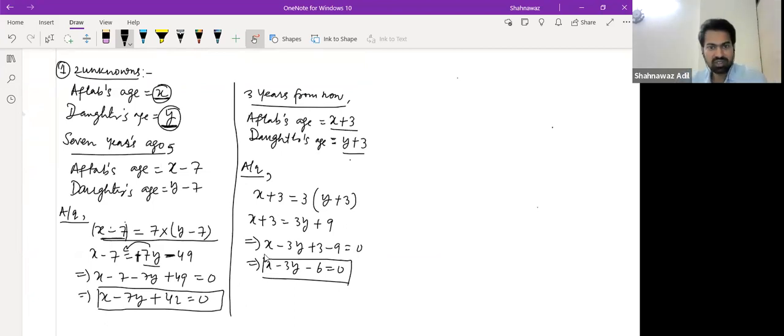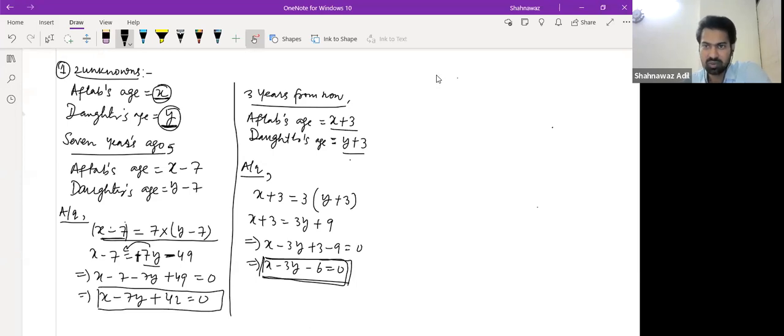Yeah, so in the previous class, we found out the algebraic representation, right? The general form of the linear equation in two variables. What is the general form of the linear equation in two variables? Remember, degree one, that is the linear equation, and you have two variables, x and y.